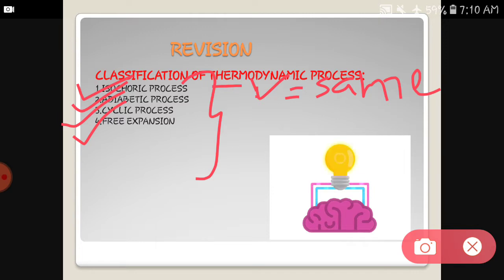While adiabatic process is the process where there is no transfer of heat from the system or to the system. So heat exchange is zero over there. You can call it Q is equal to 0 in case of adiabatic process.